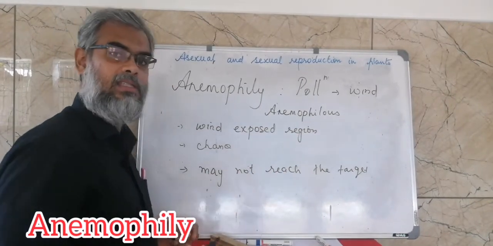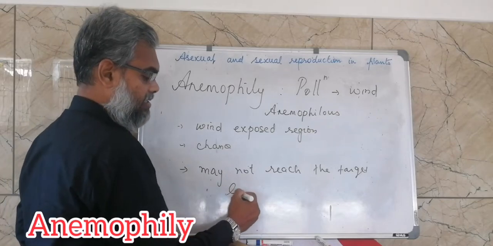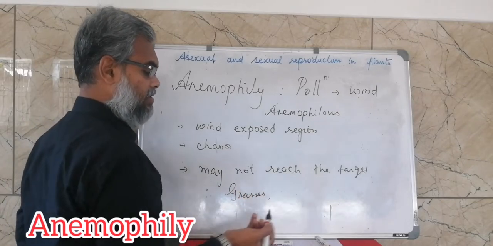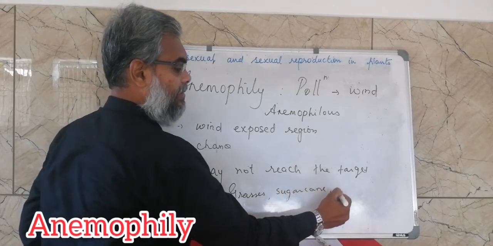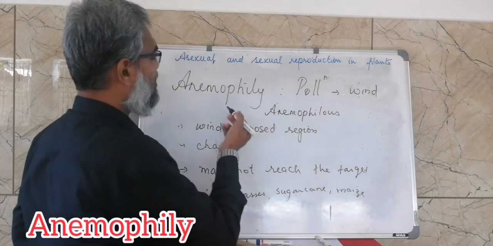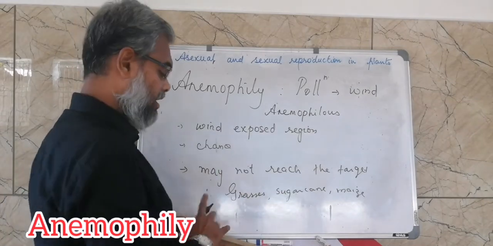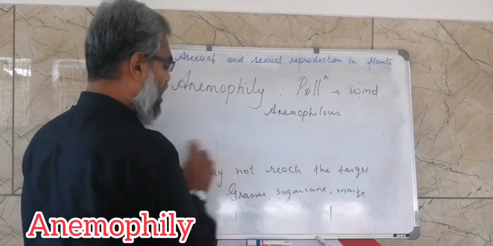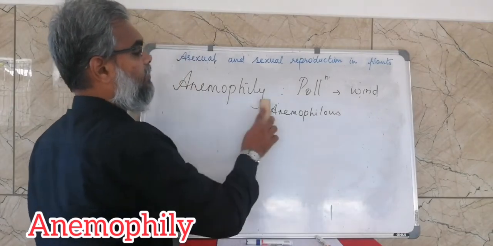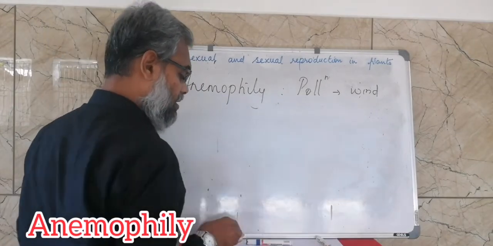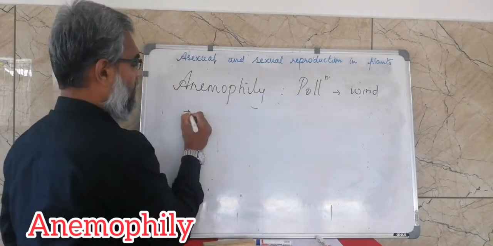This can be seen in grasses, or we can say sugarcane, maize. In these plants you can see anemophily, pollination by wind. In which type of flower does this anemophilous wind pollination take place?